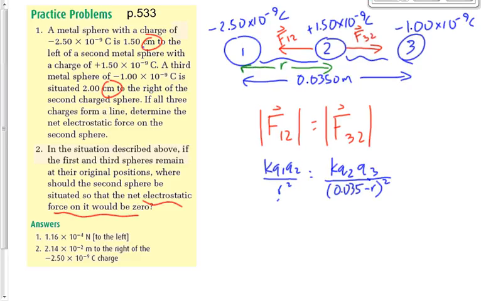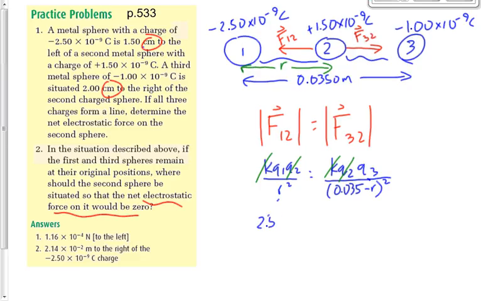Michael, what were you saying a minute ago? Canceling something? Oh, okay. Cancel Q2 and K because they both appear in both terms, right? Okay, good. That simplifies things. We don't need to cancel those, but it makes it less ugly if we do. What's the value of Q1? 2.5 or negative 2.5?